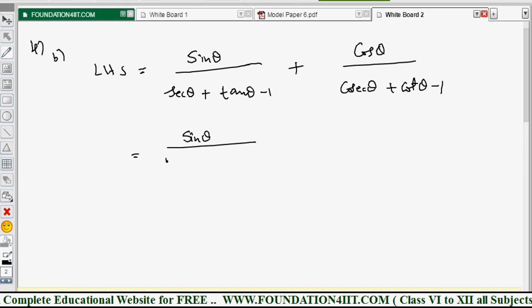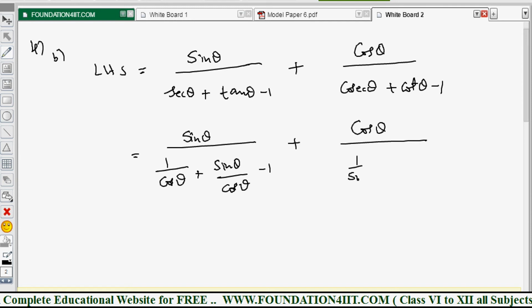Sin theta by sec is 1 by cos, plus tan theta is sin theta by cos theta, minus 1. Plus cos theta is the numerator. Cosec is 1 by sin theta, cot theta is cos theta by sin theta, minus 1. Let us take the LCM in the denominator place, then it simplifies easily.